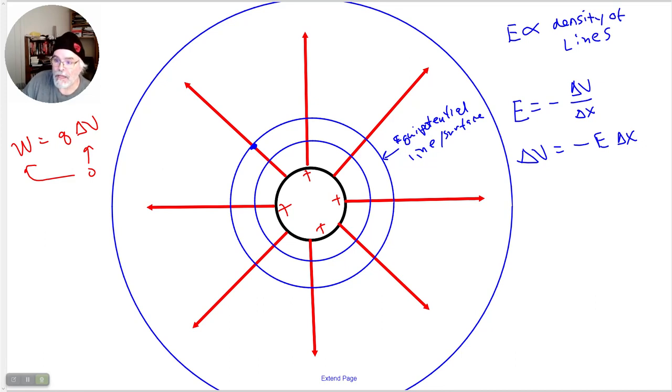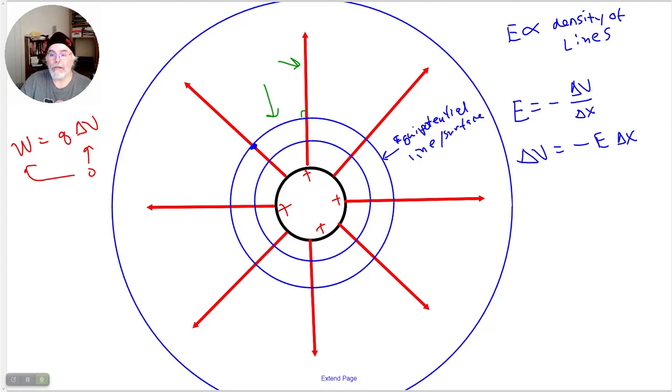And I just want to point out one more thing. You'll notice that these equipotential lines are perpendicular to the field lines. Where the equipotential lines intersect the field lines, they're perpendicular, and that's always true.